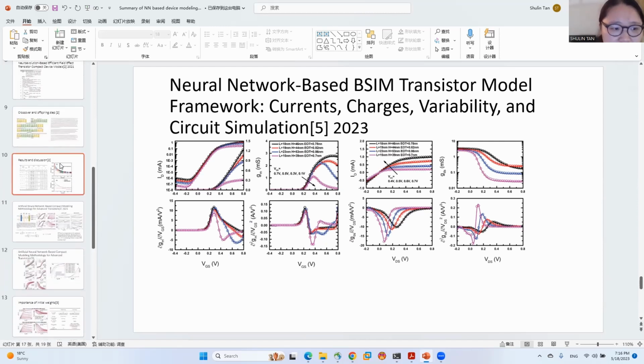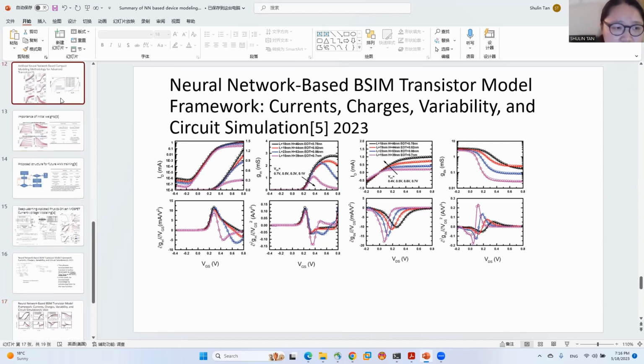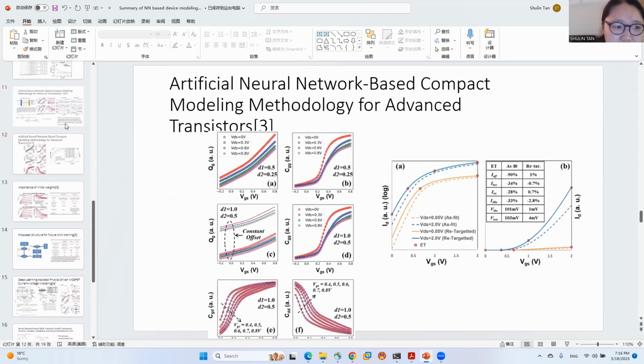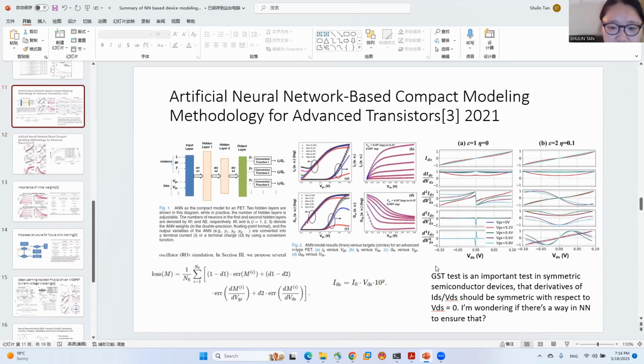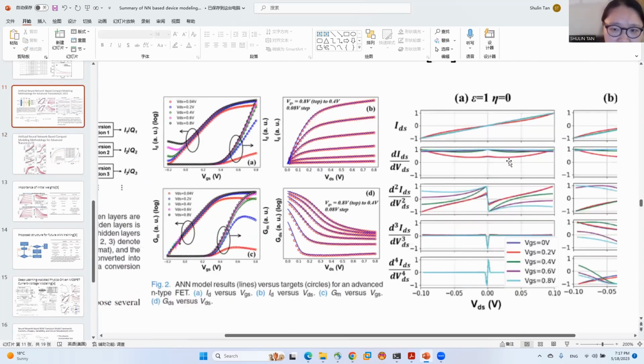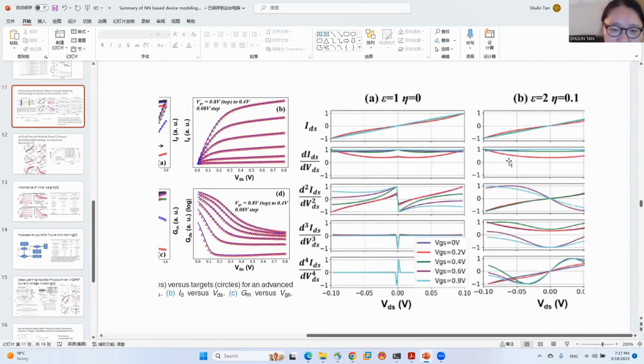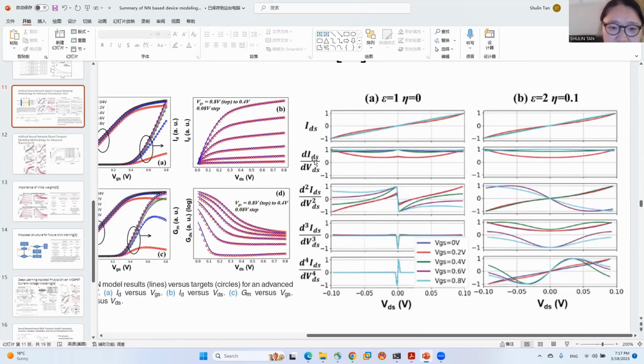And there's another thing that I think is well done, which is the Gummel symmetry test. That's basically saying that a good semiconductor model, if you develop it correctly, you need to make sure that the derivatives of the drain source current with respect to drain source voltage should be symmetric.